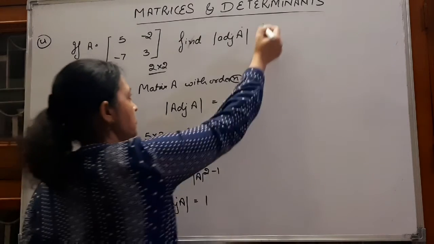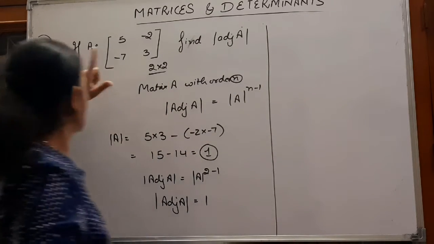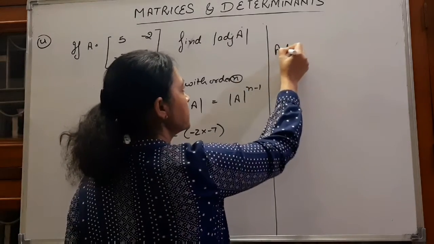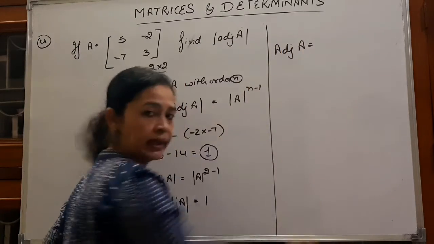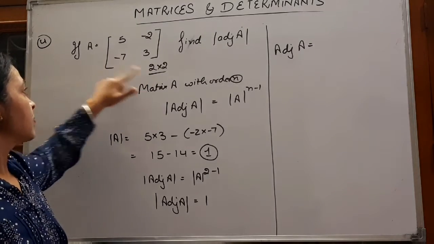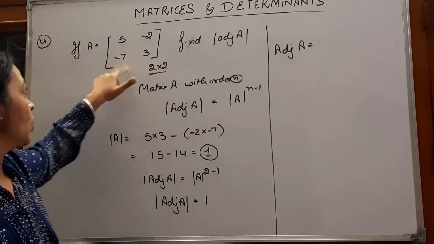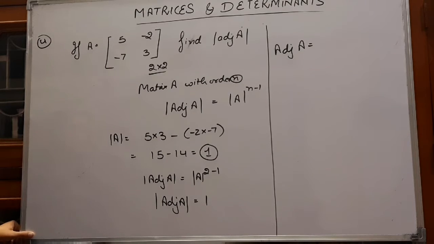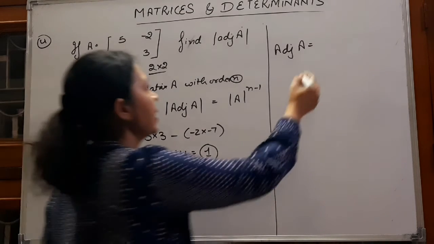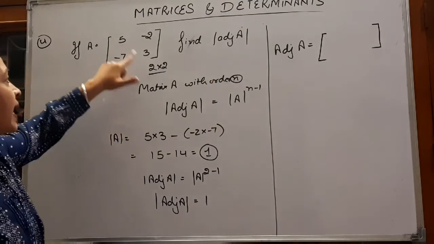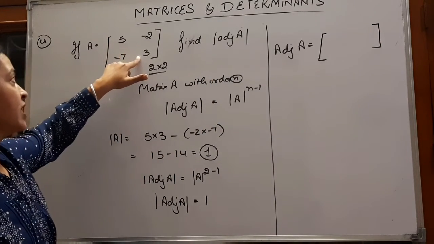Another way. First, take out adjoint A. Adjoint A is a matrix. We have a matrix with order 2 by 2. If we have to form the matrix adjoint A from A of the order 2 by 2, what will we do? The diagonal elements will interchange.